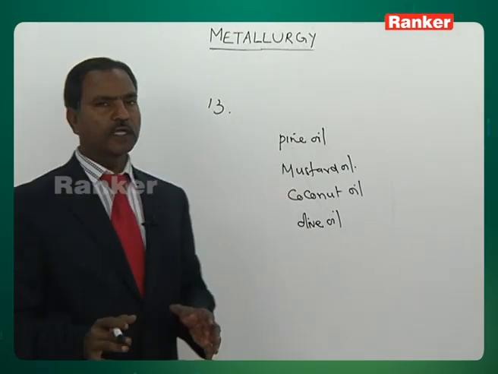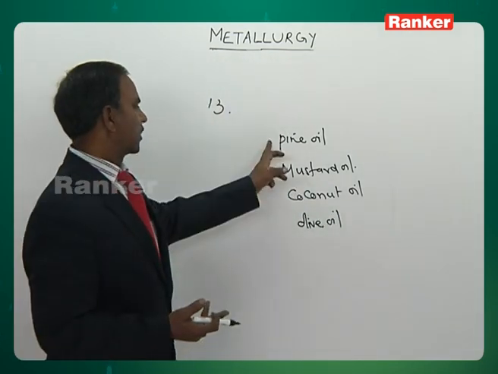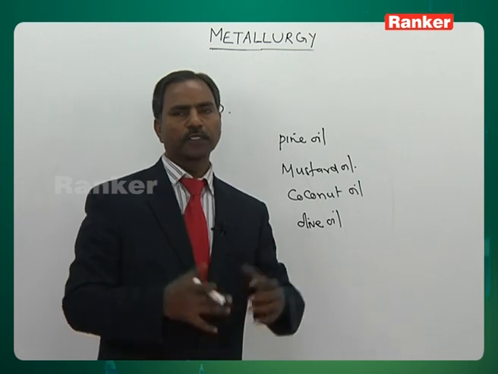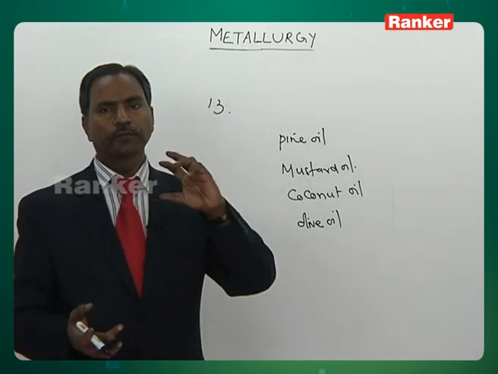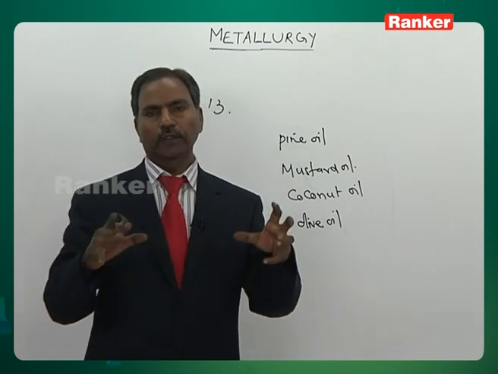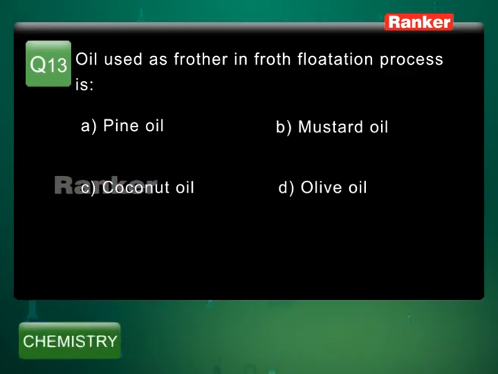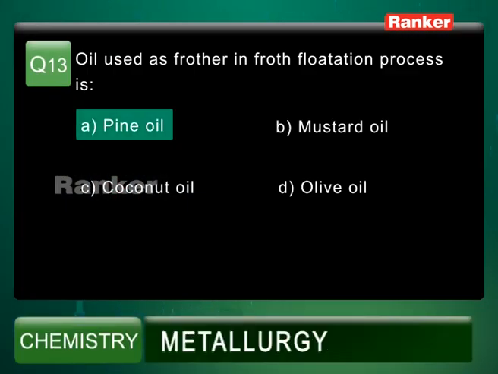Among these, you have to choose which is actually a good frother, like soap. This is pine oil, it gives a large amount of frothing. Therefore, the oil which gives more froth is generally used for the froth flotation process. Therefore, question number 13, answer is A.